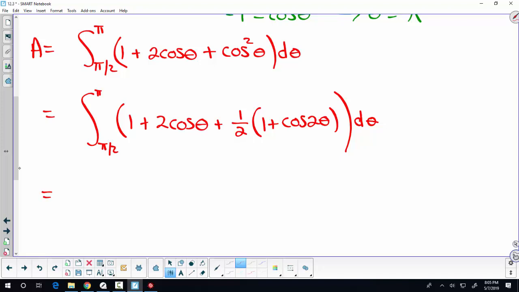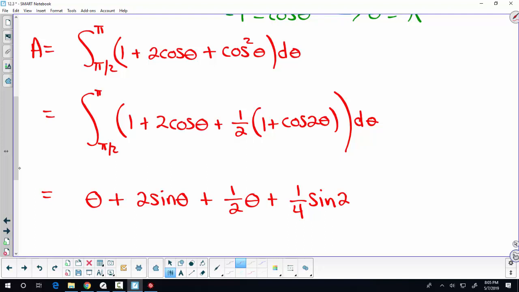And the antiderivative, we've got theta plus 2 sine theta, plus 1/2 theta plus 1/4 sine 2 theta.